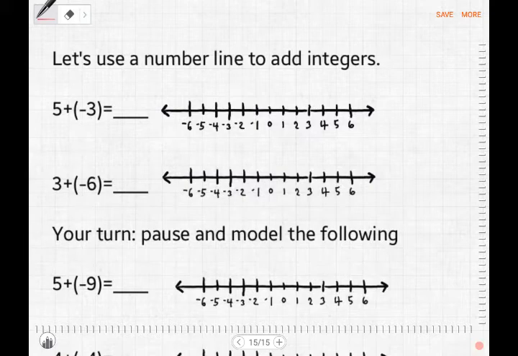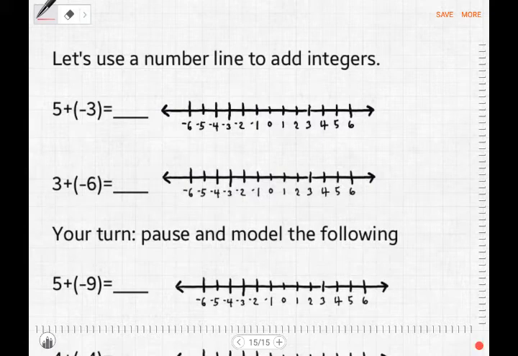You don't have to put the negative number in parentheses, but I like to do it, especially when the negative sign's next to an operation sign like plus. I don't want you confusing the negative sign with a minus sign. Okay? Negative sign is part of the number, but a minus sign would be an operation, an action that you need to do. Okay, so 5 plus -3.